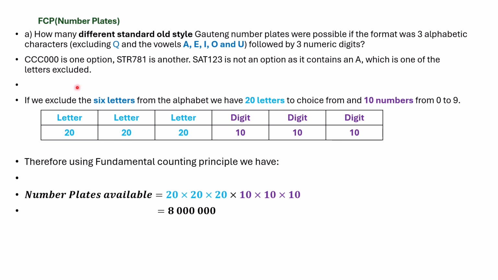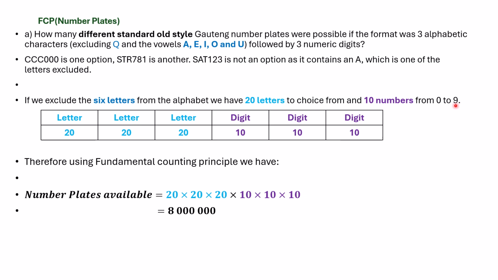I assume you know in the alphabet we have 26 letters, so if I take 1, 2, 3, 4, 5, 6 out, I have 20 available to me. You say numeric digits, we're always going from 0 to 9. So from 0 to 9 we have 10 digits. So excluding 6 letters, we have 20 letters and 10 numbers from 0 to 9.